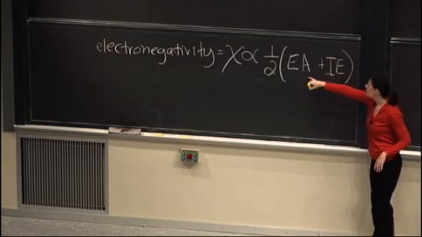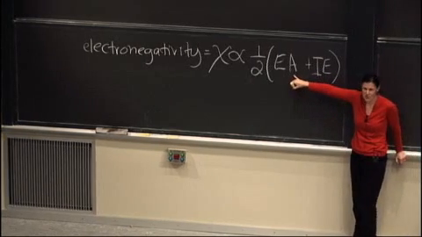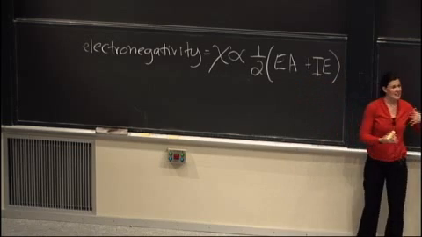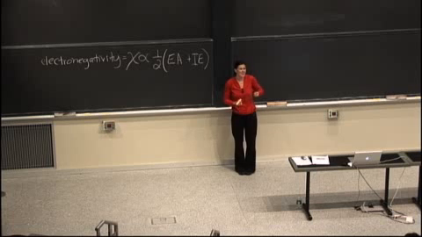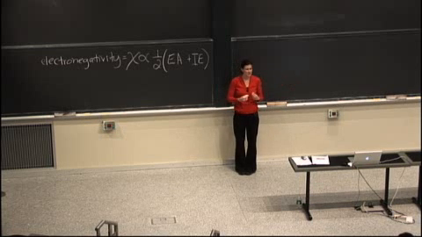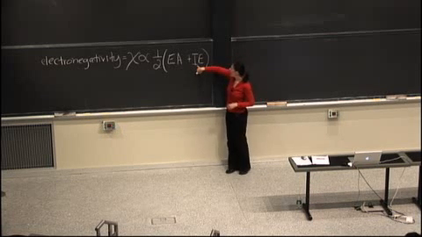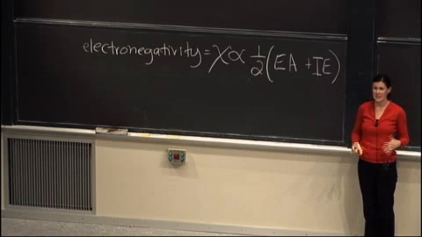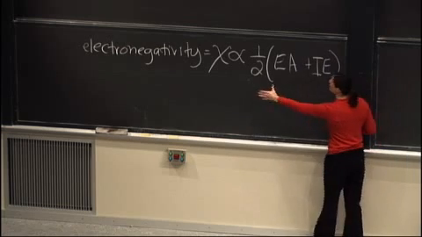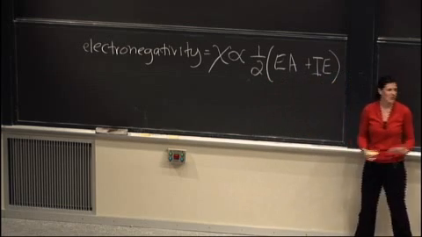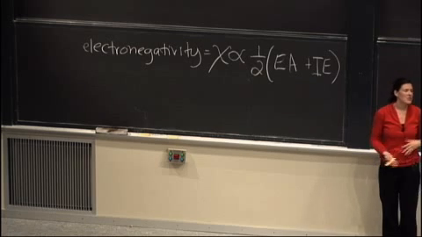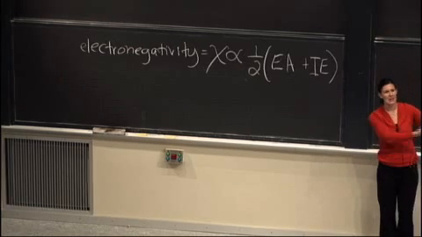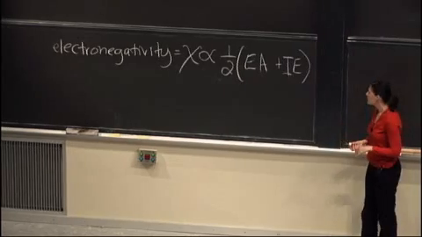This should make sense because if an atom has a very high electron affinity, that means it's really happy taking an electron from another atom or taking a free electron, that's very favorable. If something has a high ionization energy, it means that it really, really does not want to give up an electron. So you can think about how these two things combined are going to be electronegativity, which is a measure of how much an atom wants to pull electron density away from another atom.